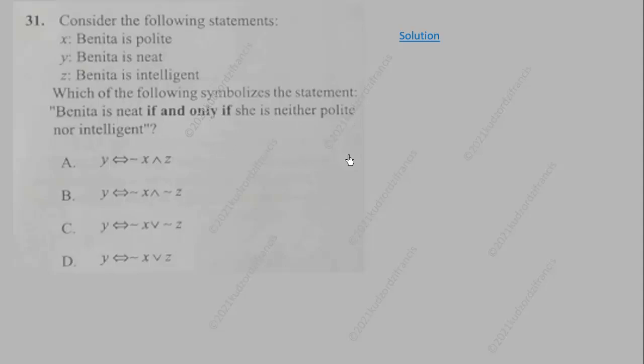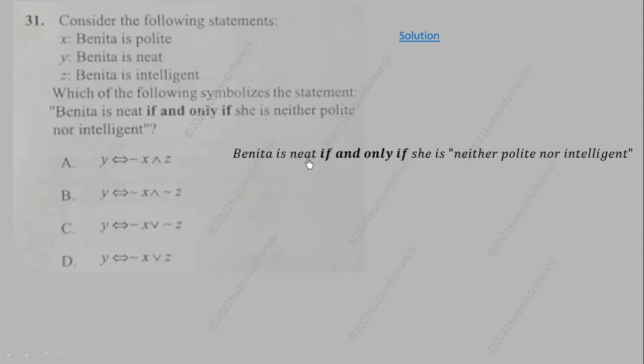So the given statement is this: Benita is neat if and only if she is neither polite nor intelligent. Now, what we need to do is to write the equivalent form of neither polite nor intelligent in this propositional statement.